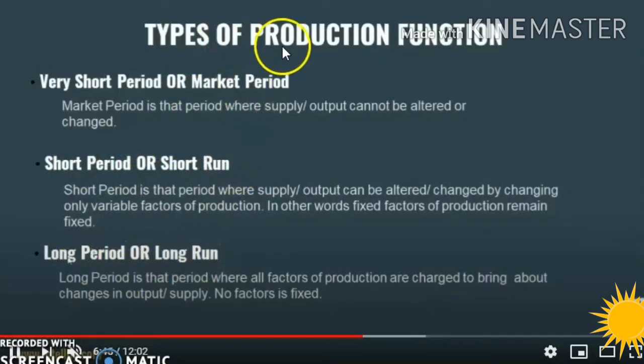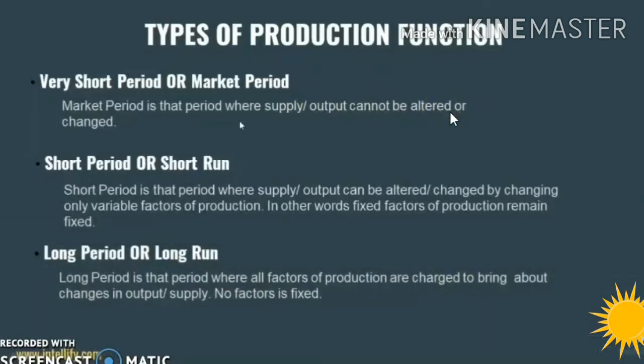First, the very short period, or market period, is that period where supply and output cannot be altered or changed. Why is that so? Because it is only a short period, we cannot change the labor or capital or anything.